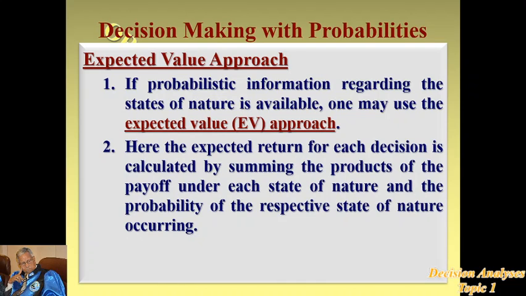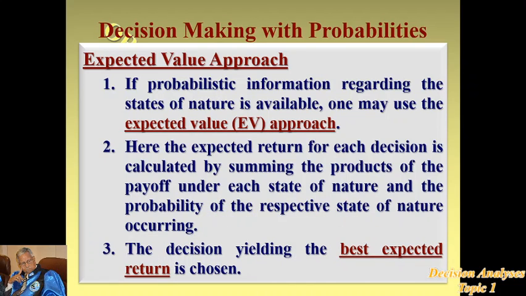Here, the expected return for each decision is calculated by summing the products of each payoff under each state of nature and the probability of the respective state of nature occurring. The decision yielding the best expected return is chosen.